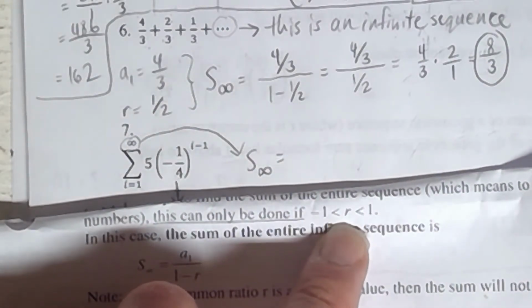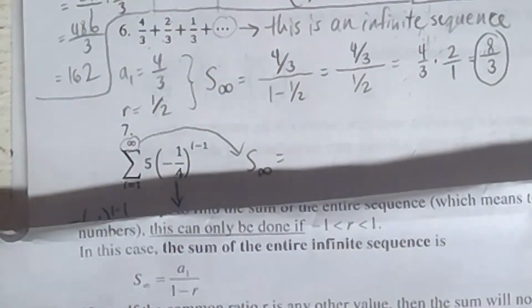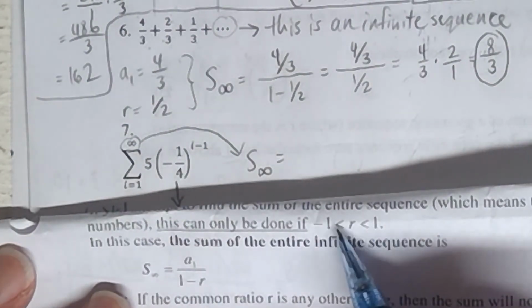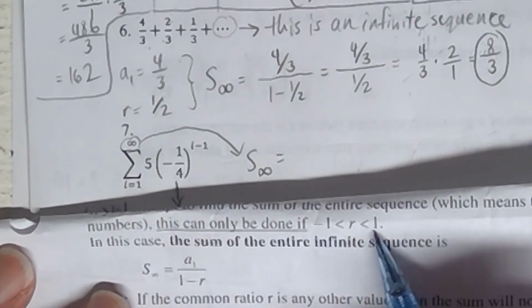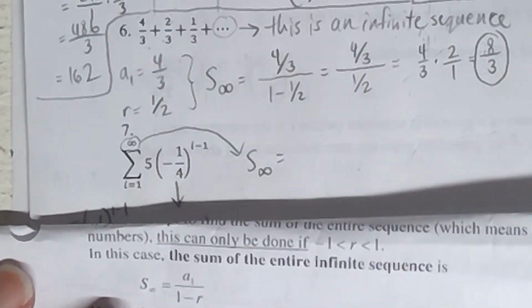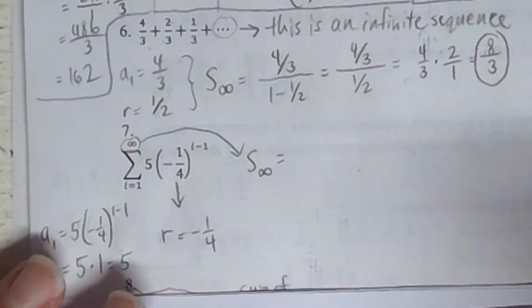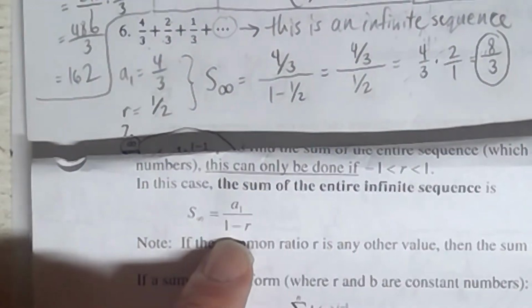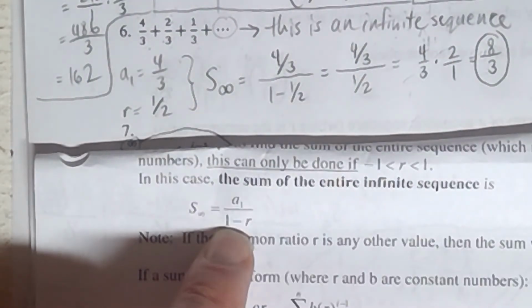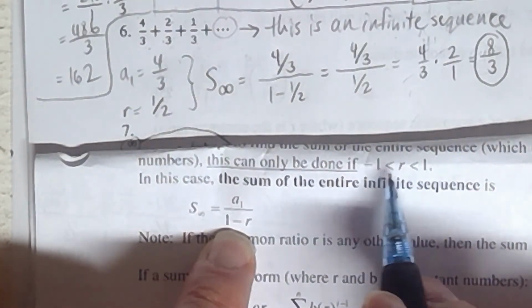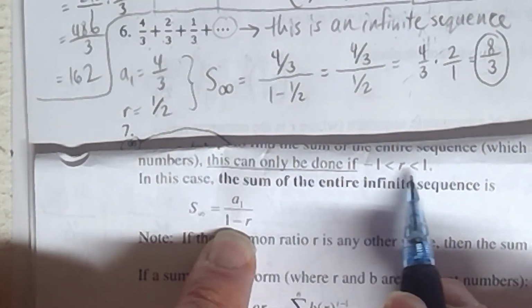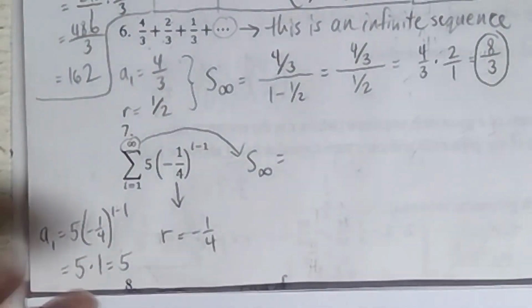Anytime you have 0 point something or negative 0 point something, that's between negative 1 and 1. So because it's between negative 1 and 1, it's okay to use this formula. It is not okay to use this formula, as we'll find out in the next problem, if r is not between those two numbers. But we can in this case.